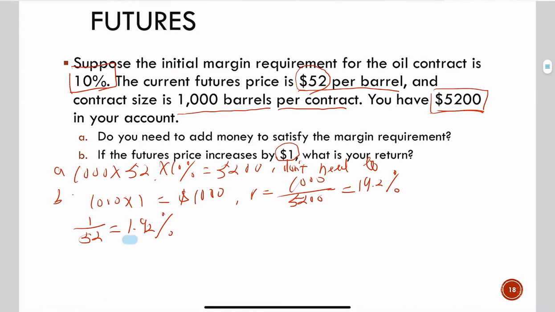Now let's compare these two numbers. The per barrel futures price increases by only 1.92%, but your account increases by 19.2%. So you can see that it's exactly 10 times. Why do you get this 10 times here? The reason is because you have this 10% margin.